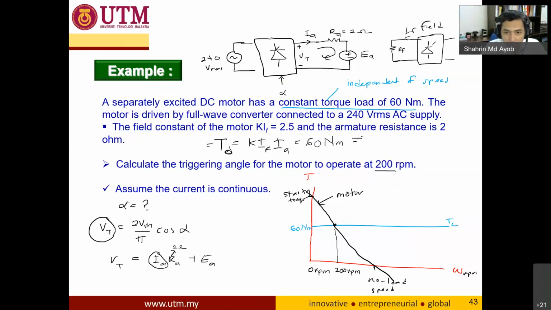From that, you have 60 Newton meter, and K multiplied with IF is 2.5. So from that, you can get your IA. Your IA is 60 over 2.5, which is 24 amperes.